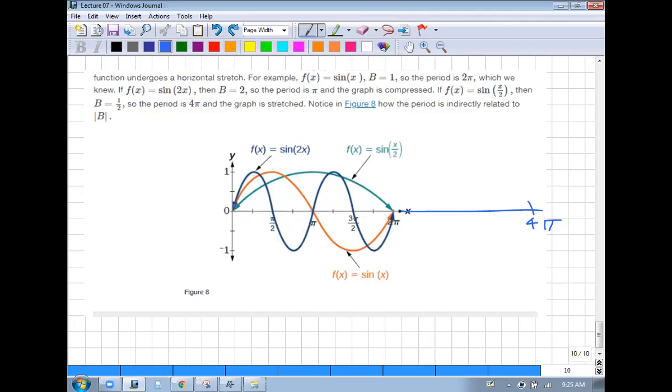And if you think about it, all these numbers, if you plug them into x, sine is receiving twice that amount. So when you plug a pi in for x, sine is receiving 2 pi. All right, so that's why it's counterintuitive when you multiply on the inside. Likewise, if I divide by 2, that thing is going to make things twice as big.